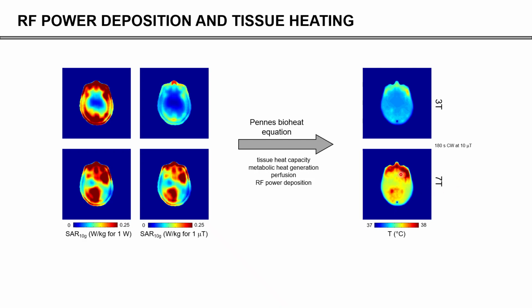And so you can see here that at 7 Tesla, especially around the eyes, you're going to get about a 1 degree Celsius temperature increase in this simulation. At 3 Tesla, that's also where the most increase is, but it's smaller. And of course, the increase is primarily there because it's mostly eyes and skin and bone, things that aren't well perfused. And so perfusion definitely plays a role in this. But again, temperature is also not easily measurable in vivo, and that's why the guidelines are set for SAR.